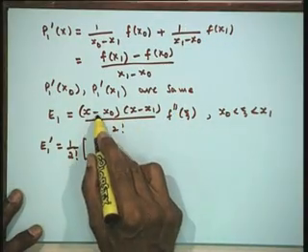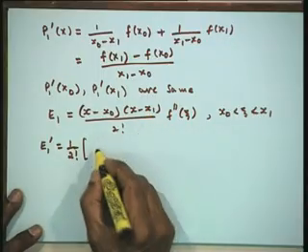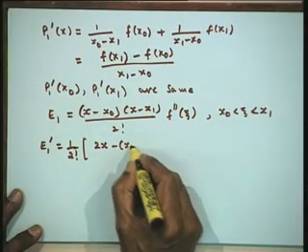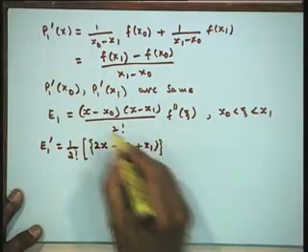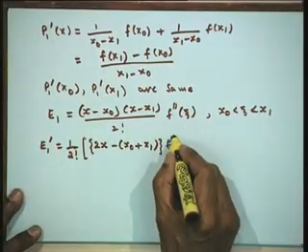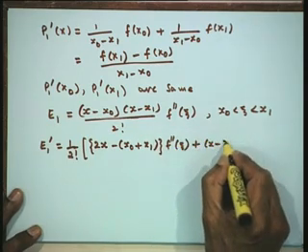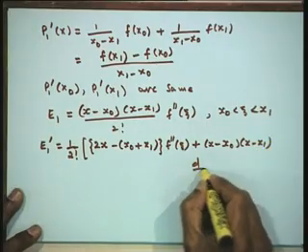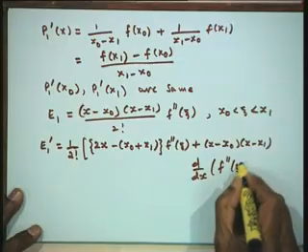Now, this is x squared minus (x naught plus x 1) x plus x naught x 1. So, let us differentiate it: 2x minus (x naught plus x 1), that is the derivative of this, into f double dash of xi, plus (x minus x naught)(x minus x 1) into d upon dx of f double dash of xi.